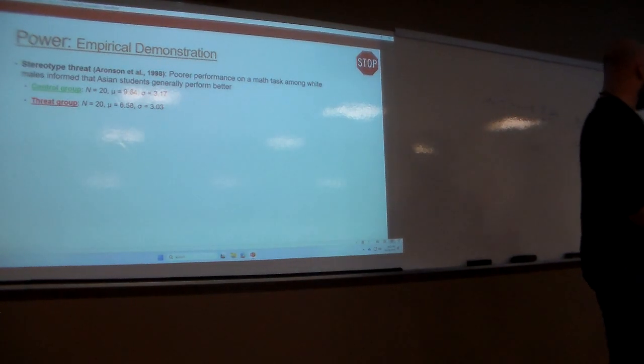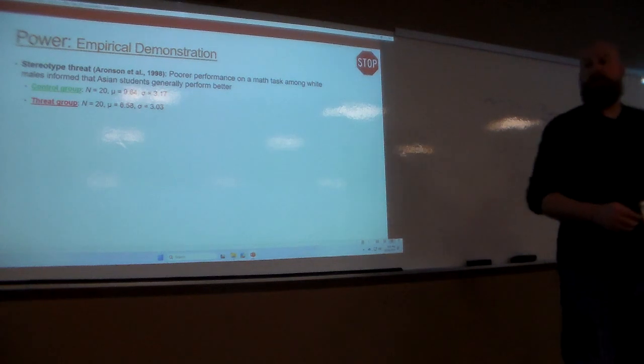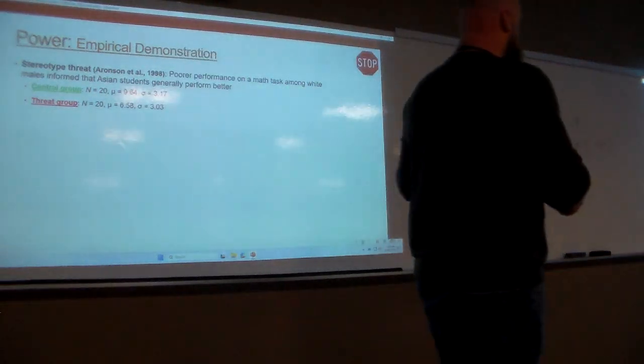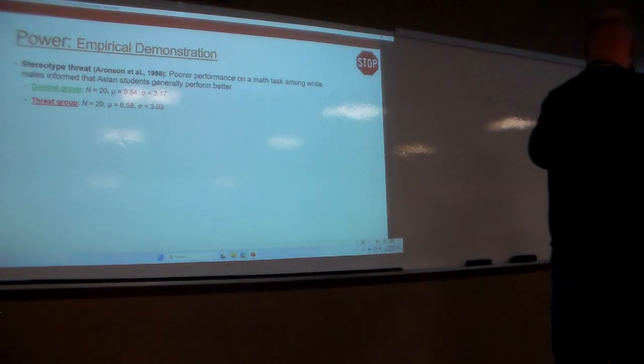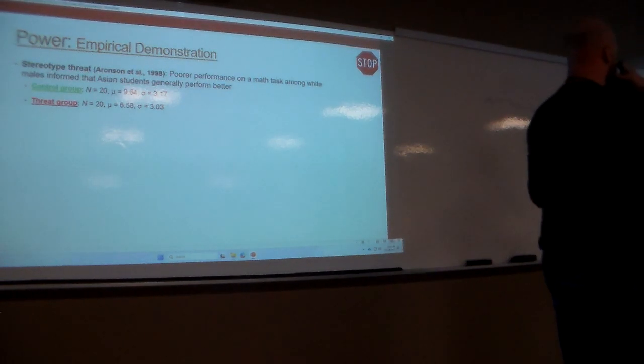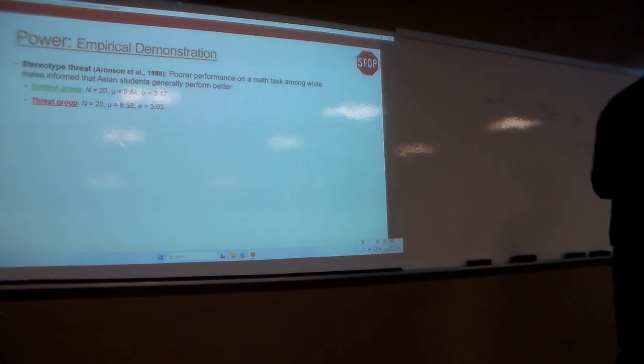So if we want to think about empirically what's going on with these power calculations, okay? Let's say this is an older study on stereotype threat, okay? And what they're looking at is this idea of stereotype threat.